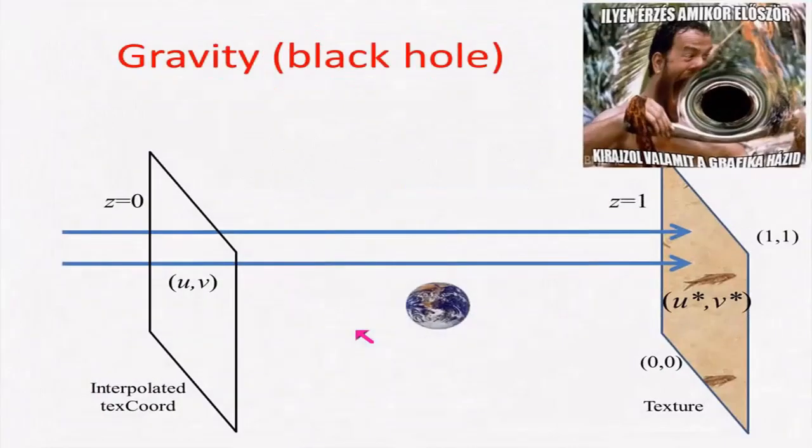In this black hole effect, we assume that a large mass but small size object, for example a black hole, is in front of the image, which distorts space and also lines of sight.